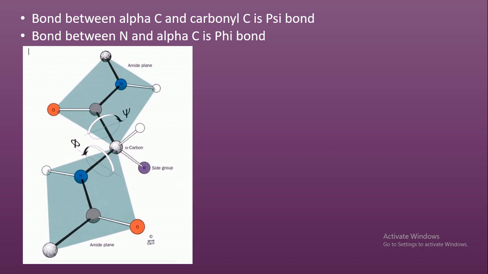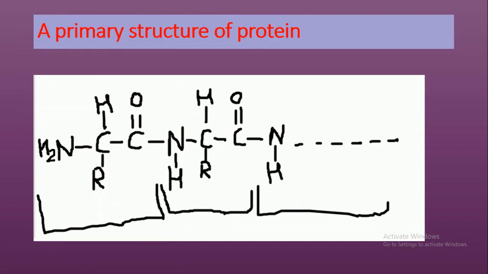Now let's discuss what are the various conformational parameters of the peptide bond. Here you can see this is alpha carbon. And what is this actually alpha carbon? Here in the diagram in primary structure you can see the carbon with double bonded oxygen, this is called carbonyl carbon, and the carbon which is attached to other alkyl group and hydrogen, this carbon is called alpha carbon.